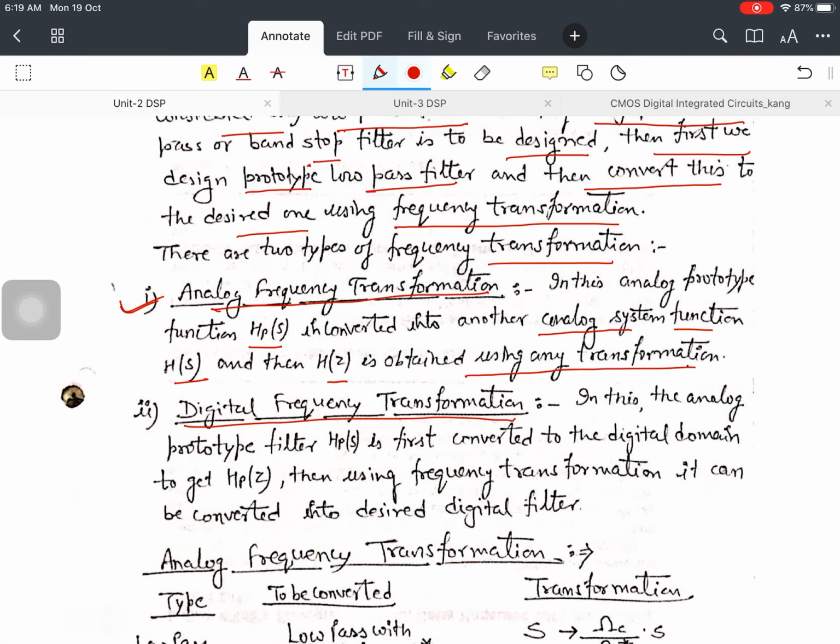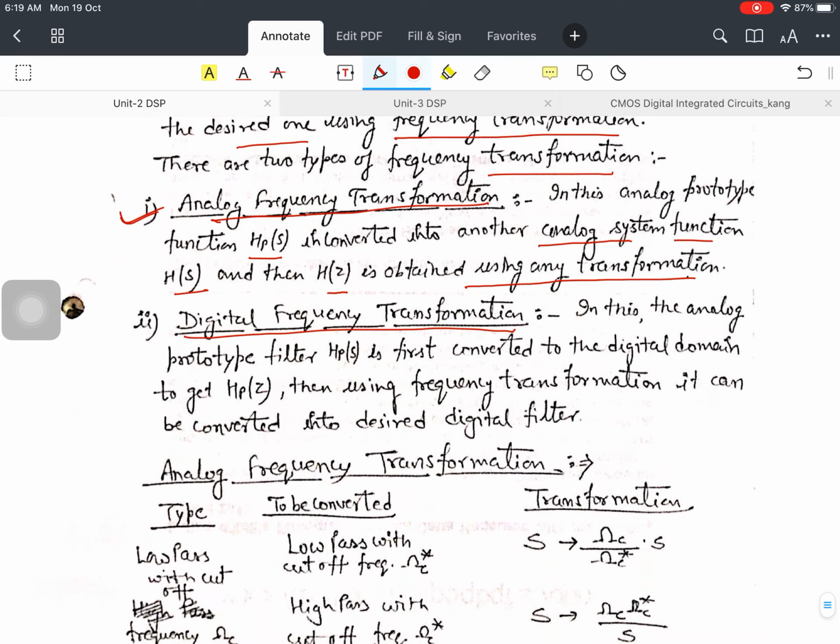So HP(s) is converted into the analog system function H(s), and when we receive this H(s), we convert it into H(z).